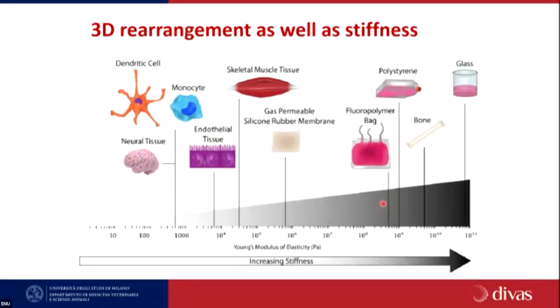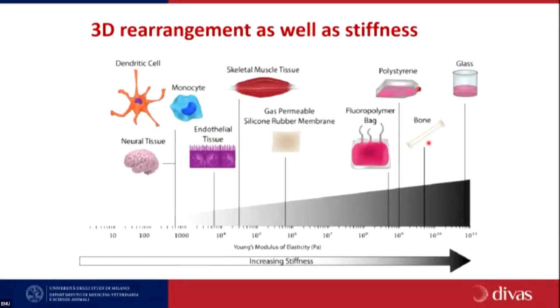But at the same time, we are telling them, in terms of stiffness, that we would like them to turn into bone. This is very confusing, and we are making our life and our cells' life very difficult, because we are giving our cells extremely contradictory information.